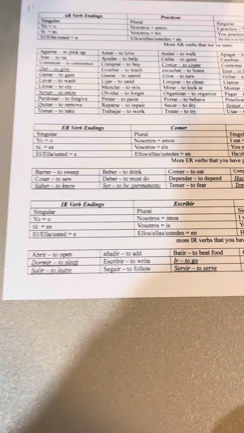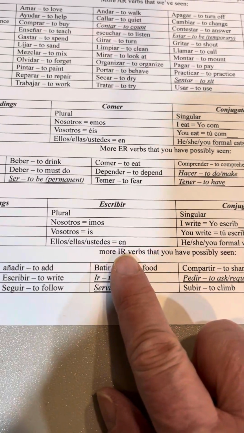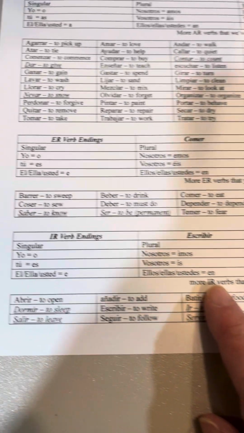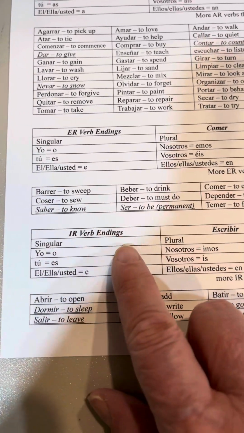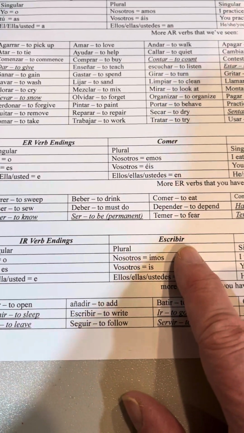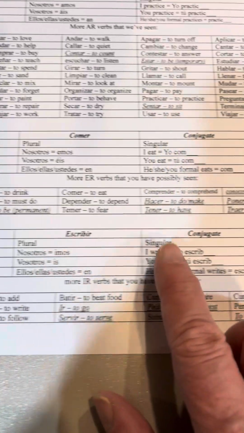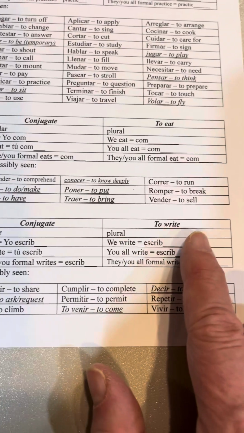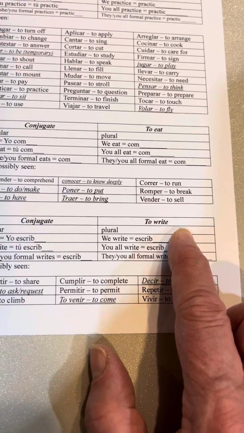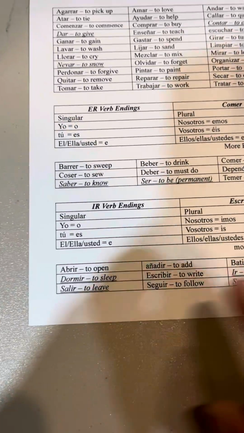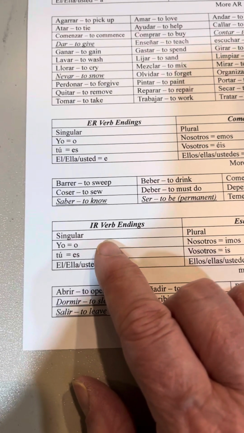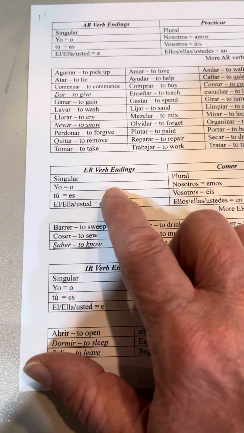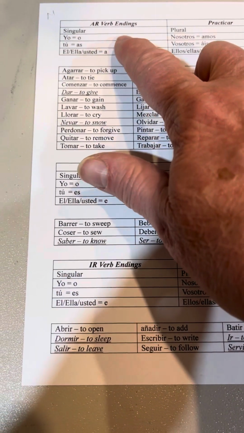All right, now we go on to the IR verbs. Okay, so we have an IR verb ending. We're going to use the verb escribir, which conjugated means to write. So I put O, as we've had for ER and we've had for AR.